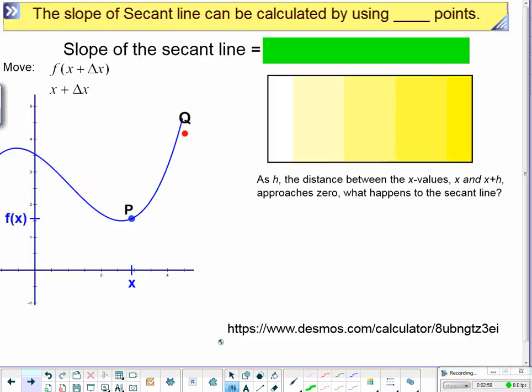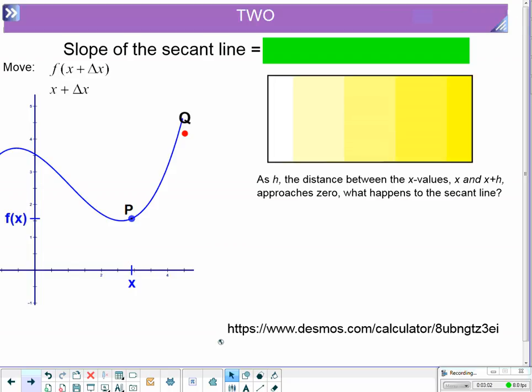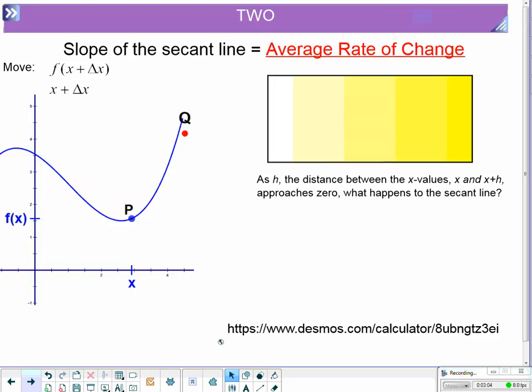So the slope of a secant line can be calculated using 2 points. And the slope of the secant line is also often referred to as the average rate of change. If I had these 2 points, I could identify one of the points by putting in x, and I get out f of x.